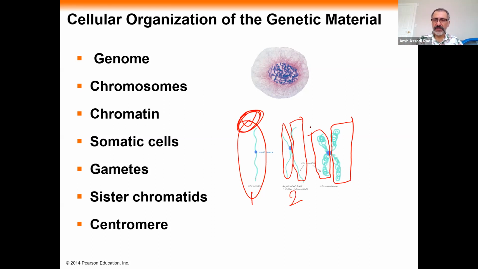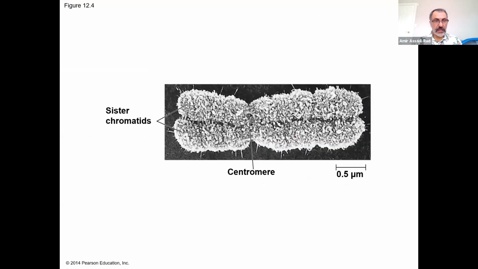And they are connected together at a blue dot right here, right here, right here. They're connected together at centromeres. Here are sister chromatids. Here is a chromosome. Here is a chromosome. They are connected at centromeres. And of course, that chromosome is made up of DNA, which I will talk about.